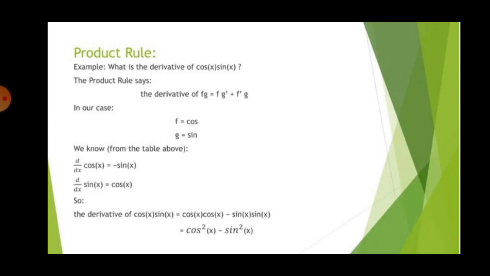So the derivative of cos is negative sine x, and the derivative of sine is equal to cos. So the derivative of cosine x times sine x is cos x times cos x minus sine x times sine x. So it will be cos squared x minus sine squared x.